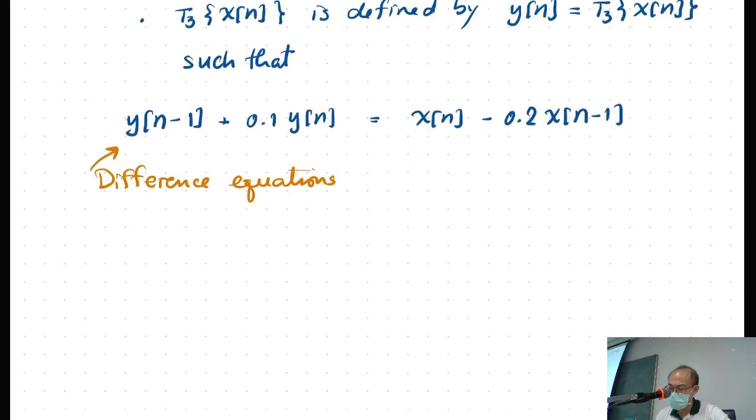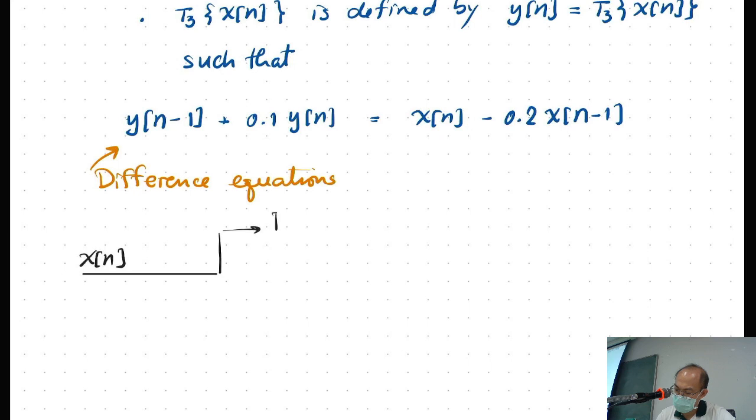So you see what I'm saying? In this case, x[n] comes in, and then you delay it by one sample.